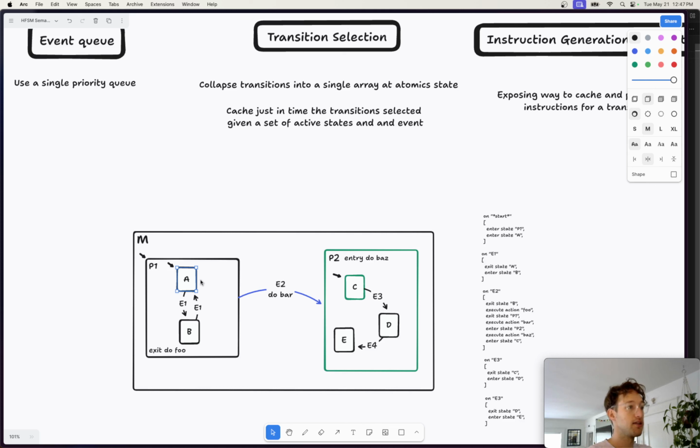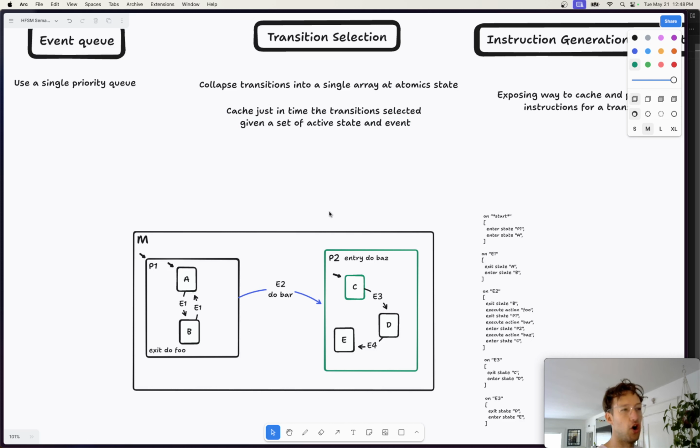And then the other thing that there's prior art on is we can cache. We can cache the transitions that we just determined given the set of current active states and the event that was passed in.